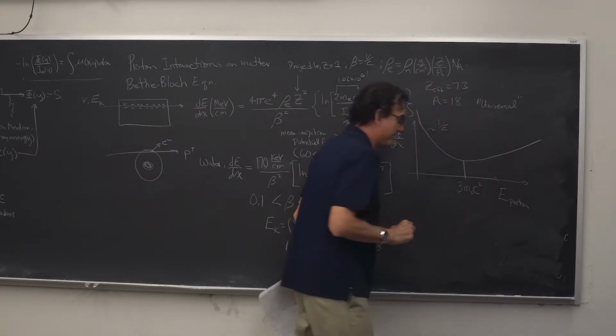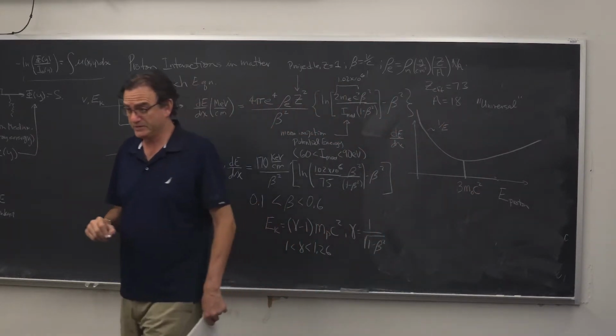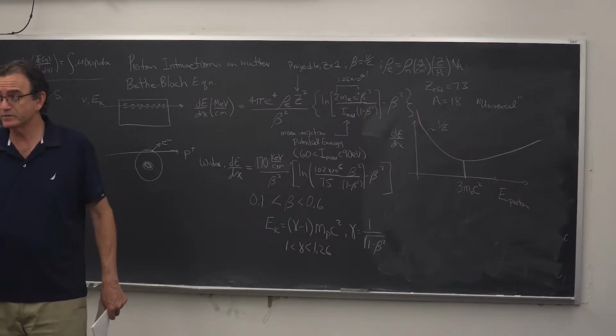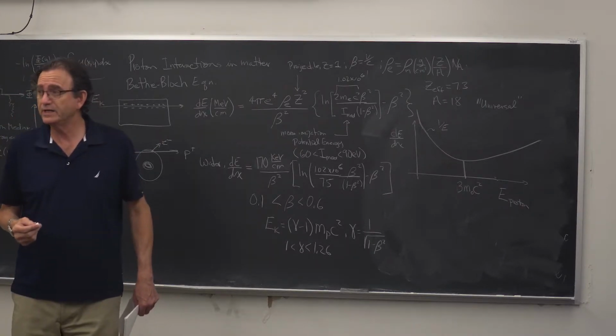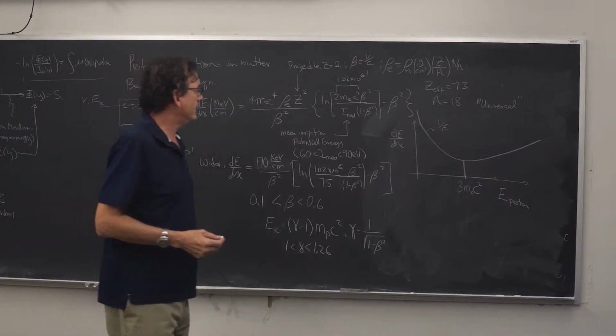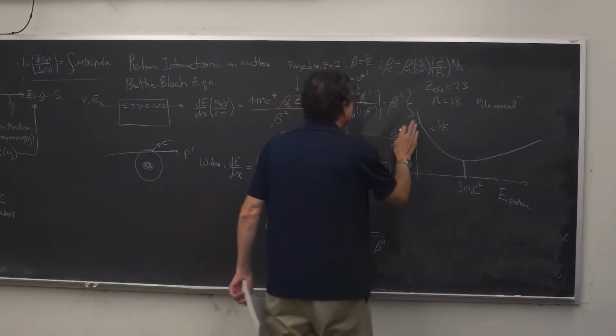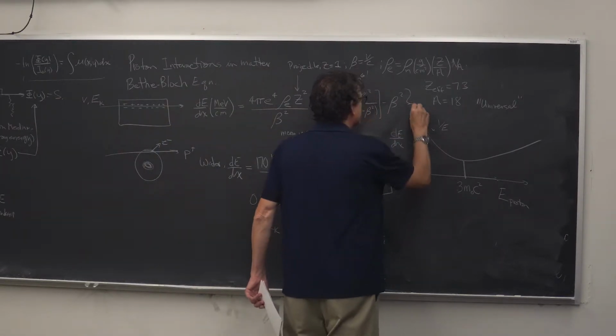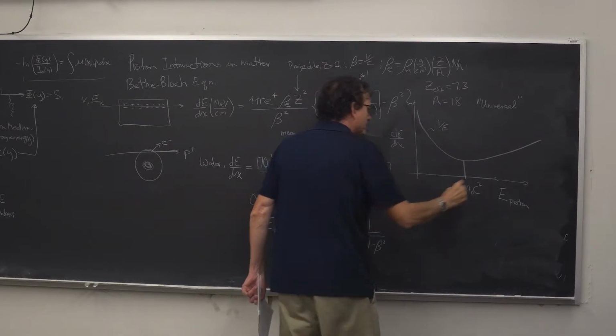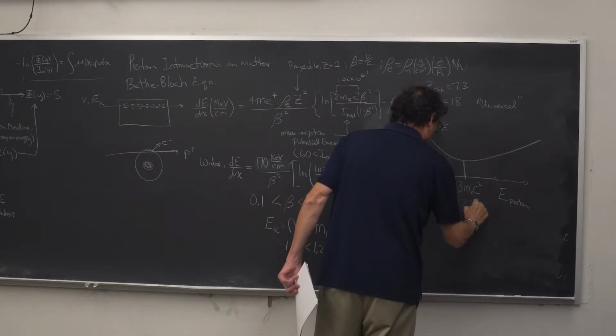So 3 times the rest mass of the particle, which in this case is the rest mass of the proton, which is 938 MeV. Now, for reasons that will become clear a little bit later, let's just label this. This is like 2800 MeV, right?